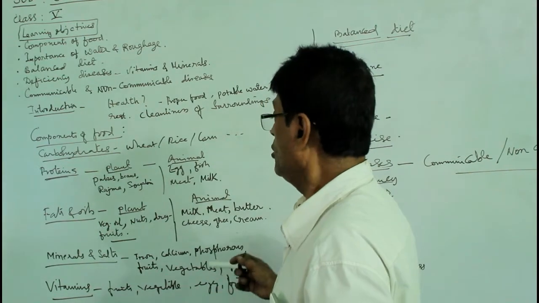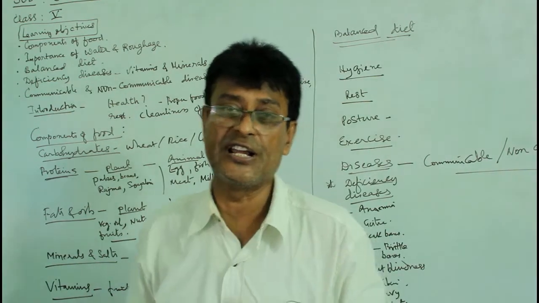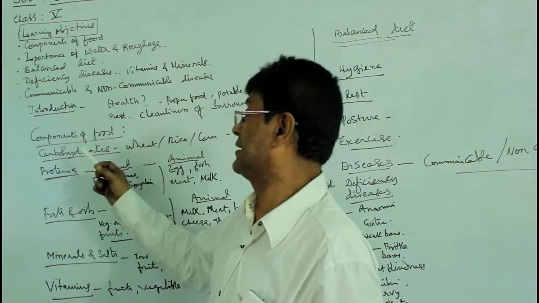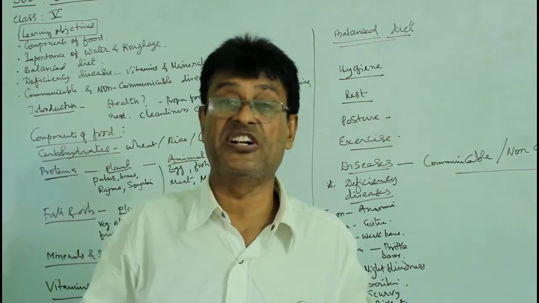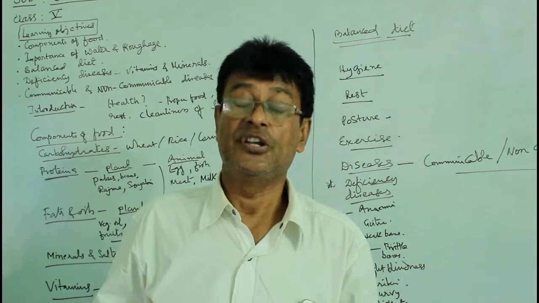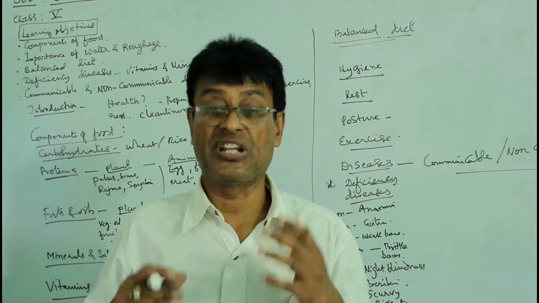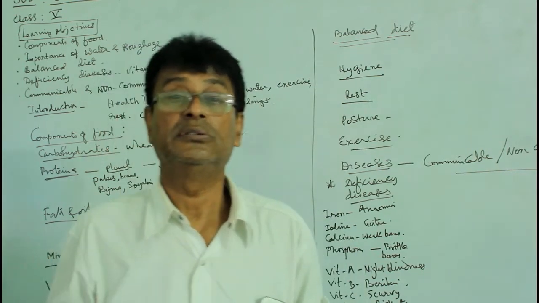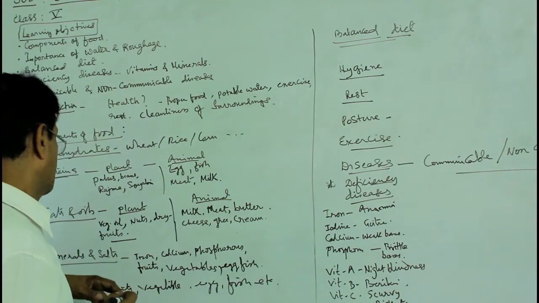Well, we come to fats and oils. I told you right now that carbohydrates give energy, but fats give instant energy. Suppose you started running, so you need some extra energy, fat will provide that. Fat will give the body insulation and keep the temperature of the body right, so that you can work well.